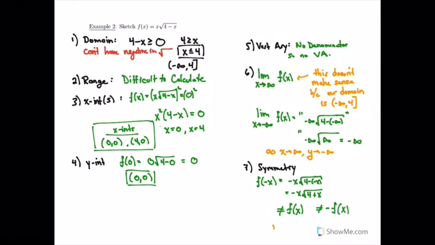So there is no symmetry here. It's not going to be symmetric about the origin or the y-axis. Not odd, not even.